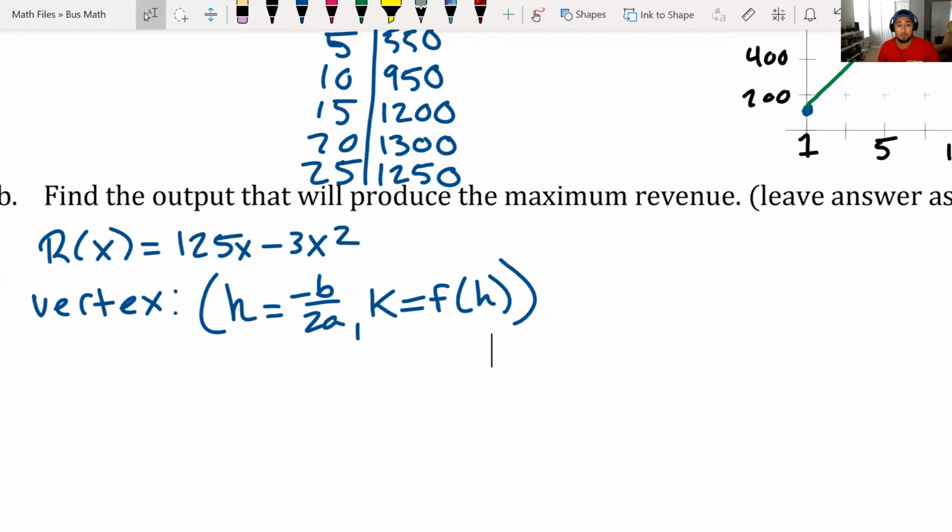So this question, like I said, wants to know what is the output that will produce the maximum revenue. H is going to be considered the output because in terms of the problem, we are outputting chips, computer chips. So H is the output, which means all we have to know to find H is the value of B and the value of A, which means you have to see this as a quadratic function.